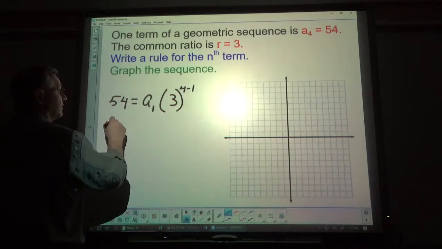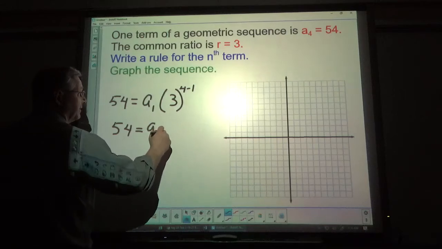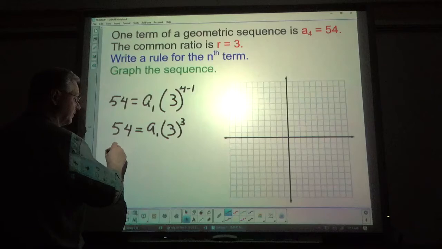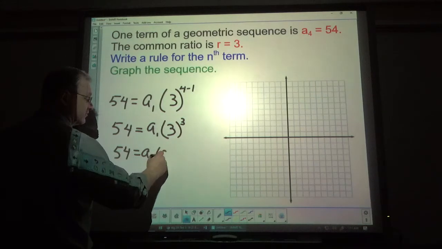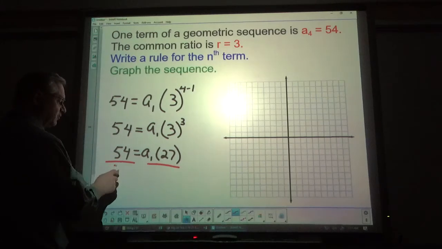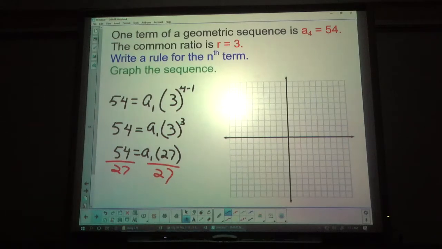And so therefore 54 equals a sub 1 times 3 to the third, which is 27. And if I divide by 27, I'm going to get my answer.